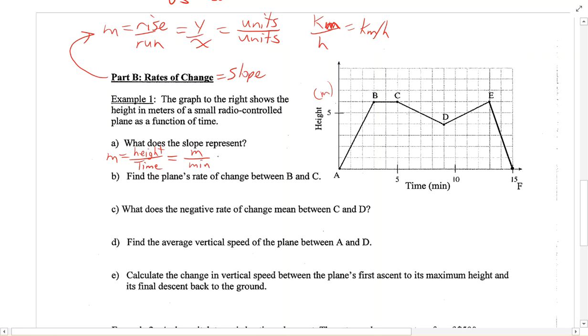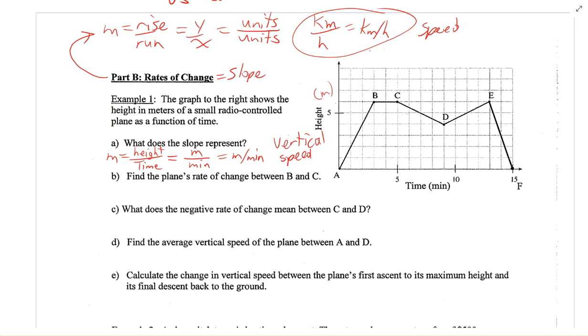So if you wrote it sideways, it'd be meters per minute. And isn't that kind of like kilometers per hour, except the units are different? So this one here would be speed, but this is talking about going up or down, so this actually would be your vertical speed of how fast the plane is going up and down, okay?